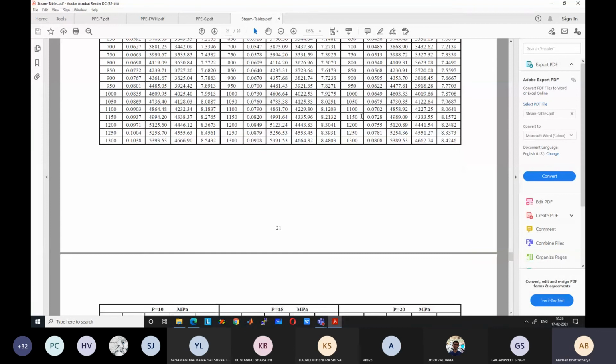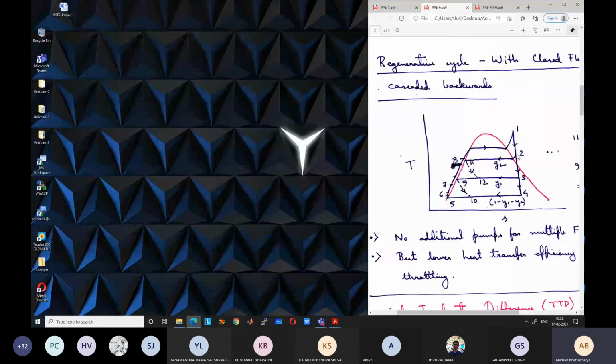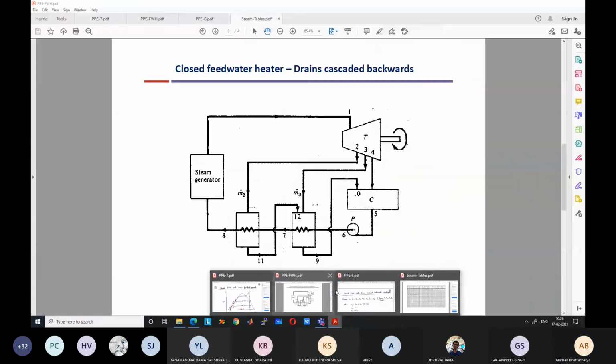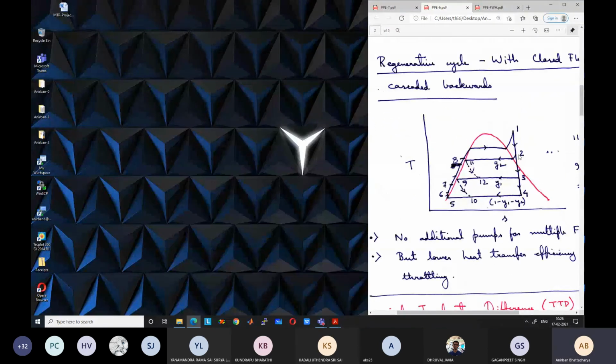From the steam table we know the enthalpy is 3621.73 kilojoule per kg. So we will be able to find the enthalpy at point 1. Then how will you find the enthalpy at point 2?